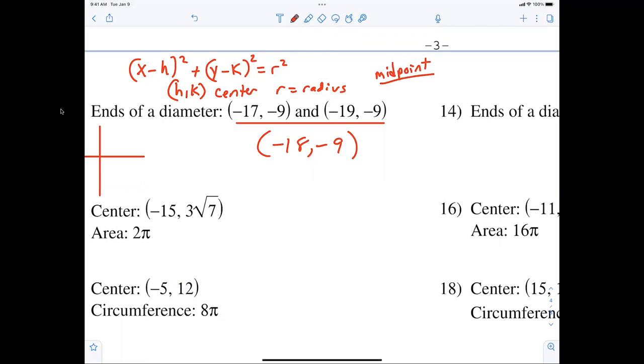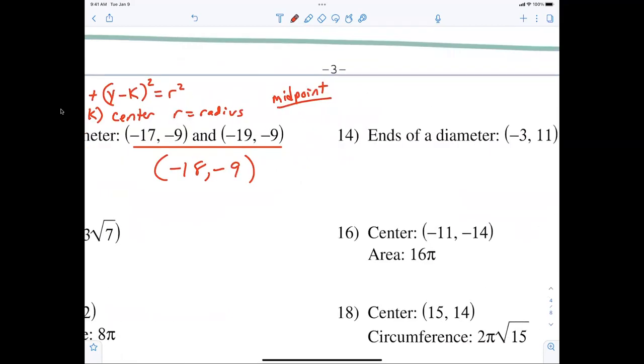For those of you who may have forgotten, you might remember the midpoint formula, even though it's not necessary: (x1 + x2) over 2. That's exactly right. The midpoint is just the middle, and the middle is an average. So if you forgot that, you could simply say the midpoint would be the center of the circle.